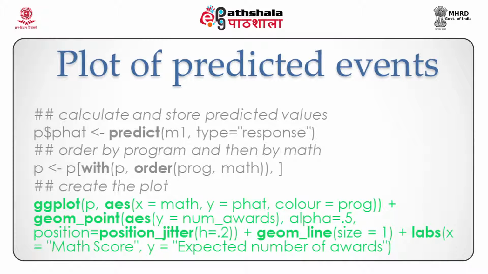As before, we do it using the ggplot command and the syntax given on the lower part of this slide, and the graph indicates that the most awards are predicted for those in the academic program, especially if the student has a high math score. The lowest number of predicted awards is for those students in the general program, which is program equal to 1.